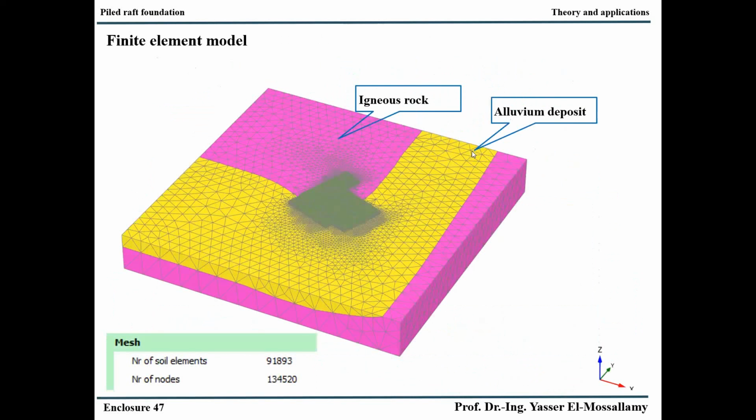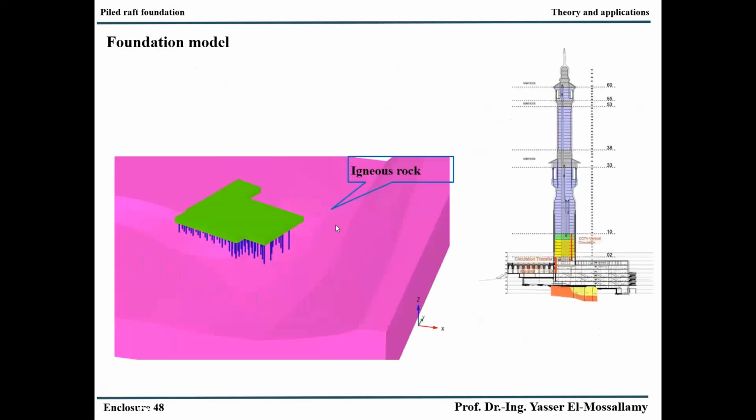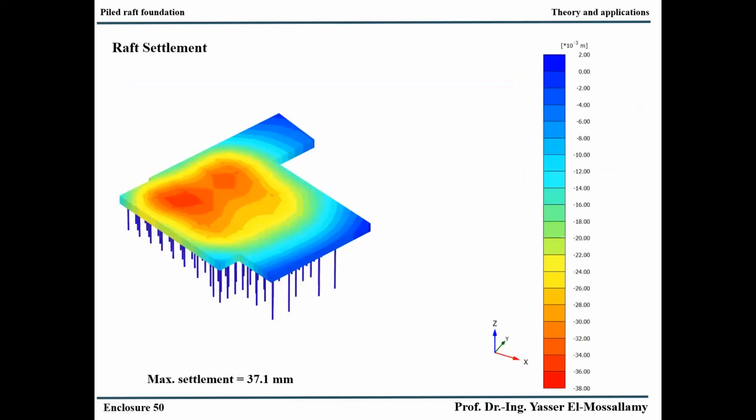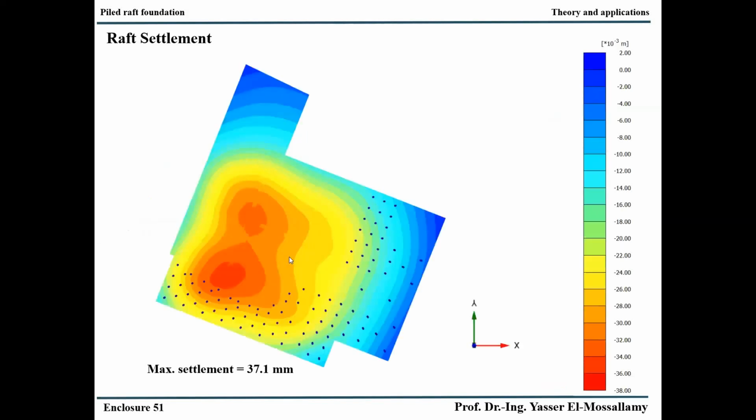And therefore, we have done such 3D models, modeling the igneous rock, modeling the alluvium deposit, modeling the raft. Each pile is modeled with its exact length, as we did a borehole at each pile position to define the pile tip exactly, and we put all of this data in the model. Then we calculated to check the settlement and the stability performance of the whole structure.